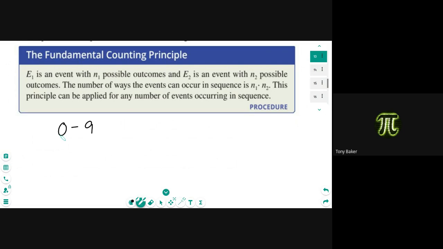So let's look at just 1 number. If I gave everybody in here the ability to pick 1 number from 0 to 9, how many different possible answers could you give me? Almost 10 because of 0. Okay, so there's 10 possible numbers for that first one.